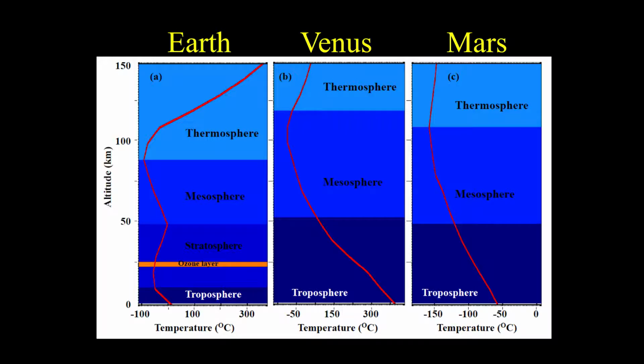Though the atmosphere of Venus is shallower than the Earth's atmosphere, it is much hotter and denser than that of Earth. As greenhouse gases, or carbon dioxide and methane, warm a lower atmosphere, they cool the upper atmosphere, leading to a compact thermosphere.